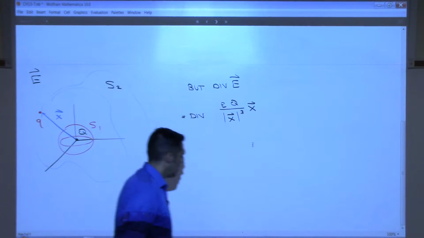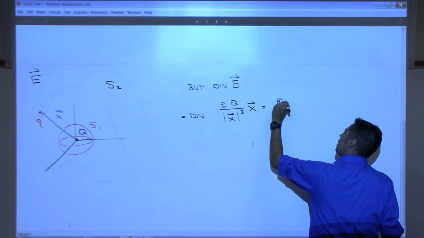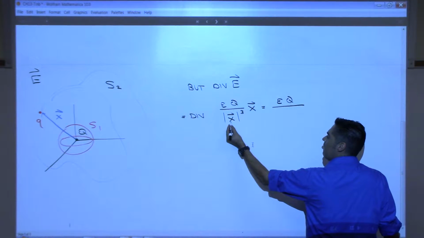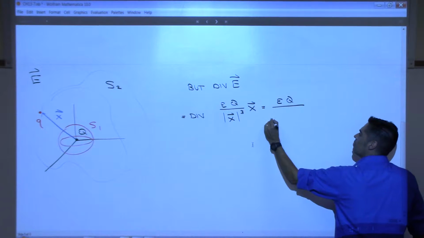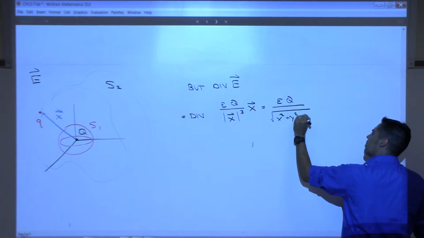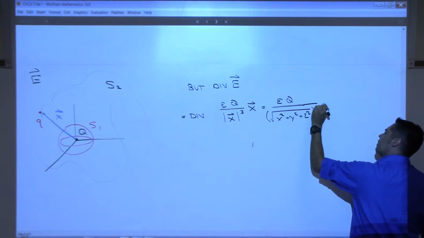So I want you to convert this now to say this. E, or epsilon times q over, what is the magnitude of x? Square root of x squared plus y squared plus z squared, all of this cubed, right?